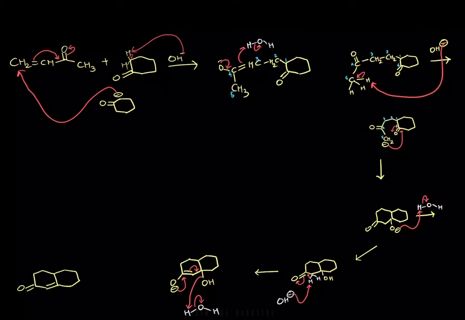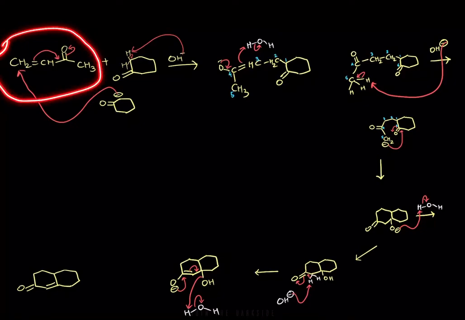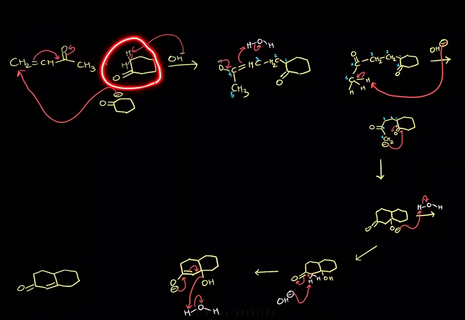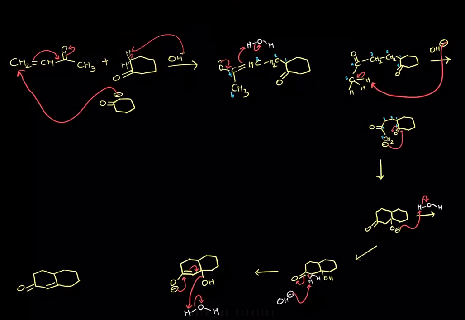We know that the Michael addition uses an alpha-beta unsaturated carbonyl compound, and here is your alpha-beta unsaturated carbonyl compound and your other carbonyl compound. You need to form a carbon-carbon single bond between these two compounds. So let's see how it is formed. Here is your base that abstracts the acidic alpha hydrogen on the carbonyl compound and thrusts these electrons onto the carbon, forming the enolate ion.